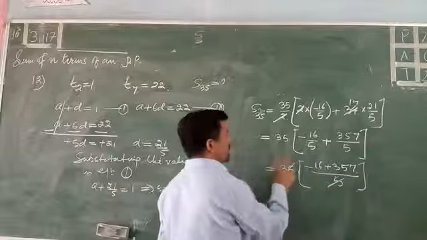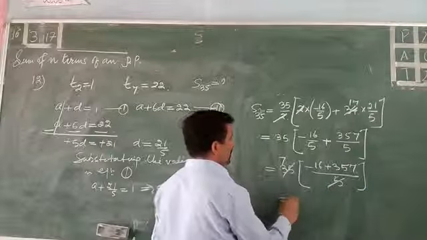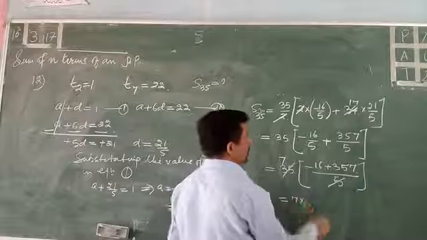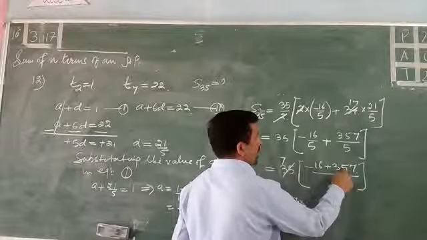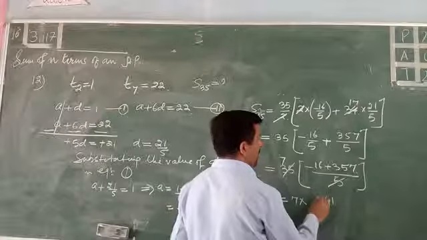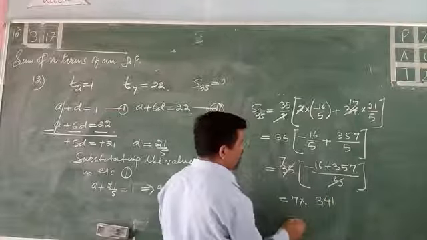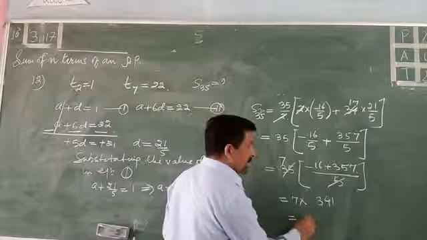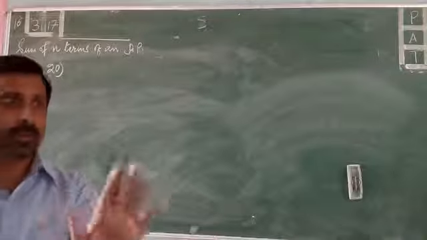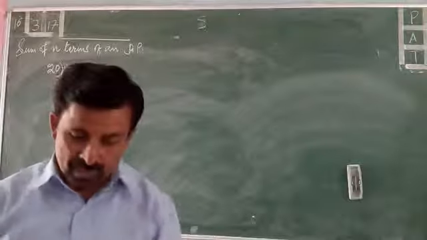This 5, this 7 is 35. So finally we have 7 into, 6 gone from 7, 1. 1 gone from 5, 4. And then 3. So multiply these two. If not, homework. Is it okay? Yes, sir.